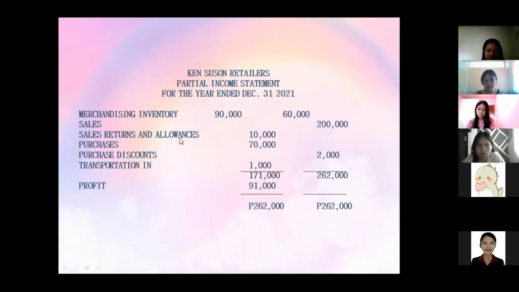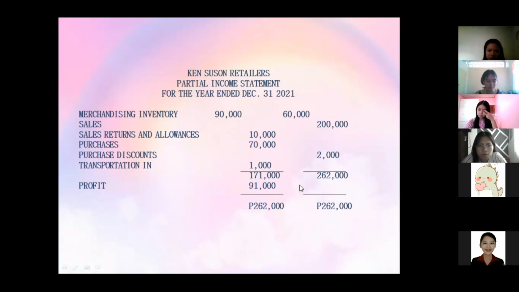Sales return and allowances, 10,000. Purchases, 70,000 debit side. Purchase discount na 2,000 credit side, and transportation in na 1,000. Kaya ang total ni debit side is 171,000, while naman kay credit is 262,000.